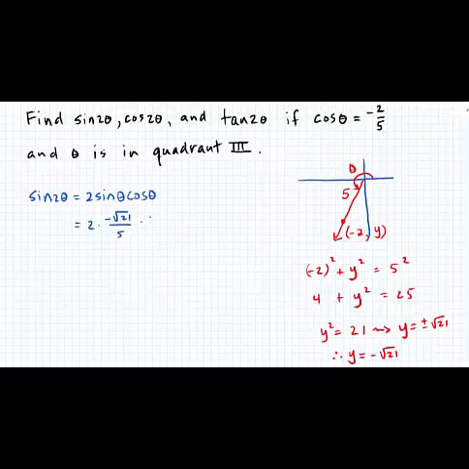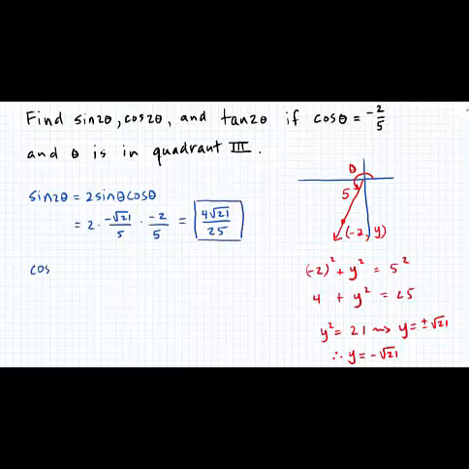And then cosine of theta was given. If we multiply across the top, we end up with positive 4 root 21 over 25. So that is sine of 2 theta.